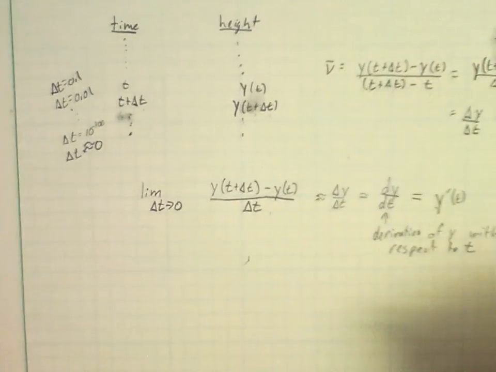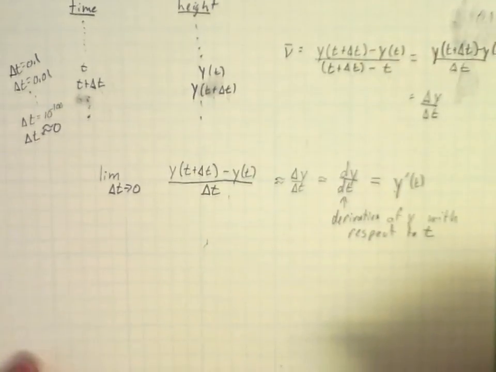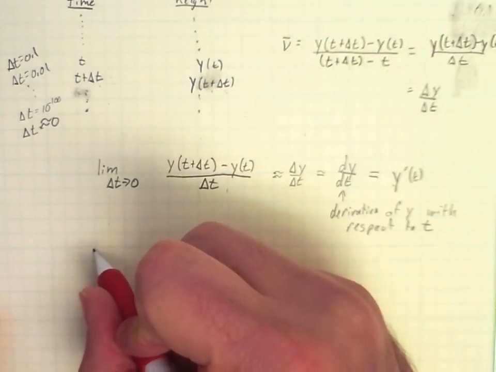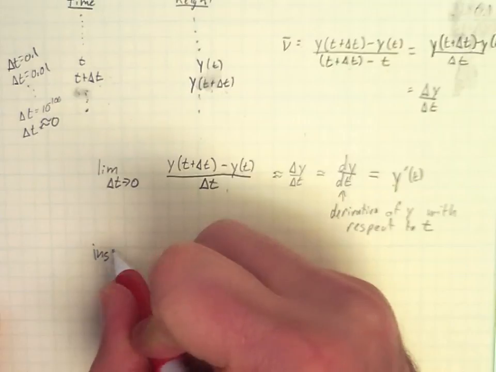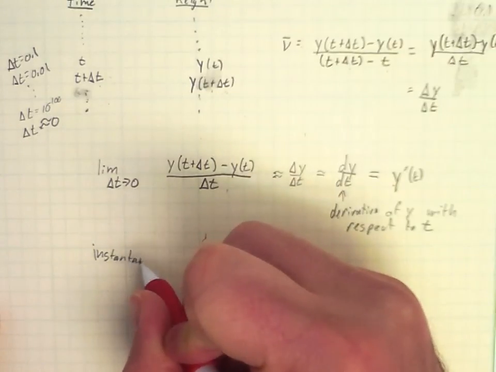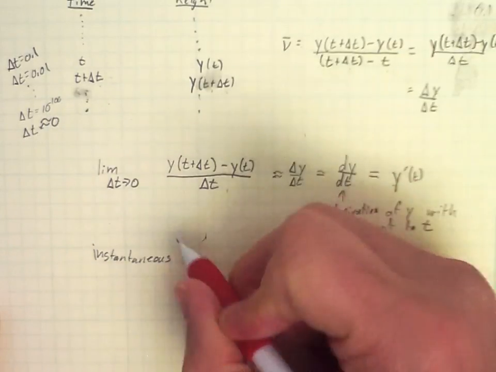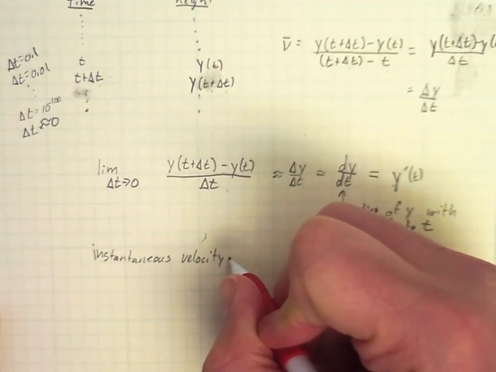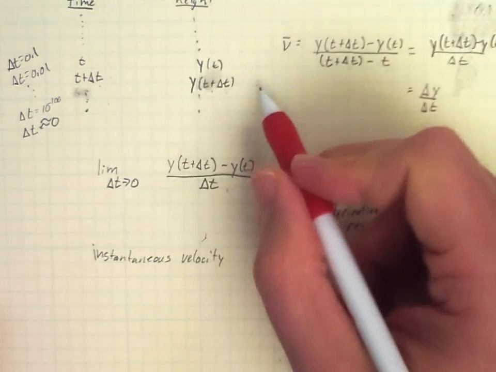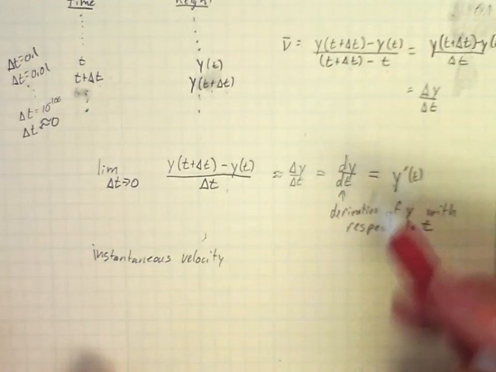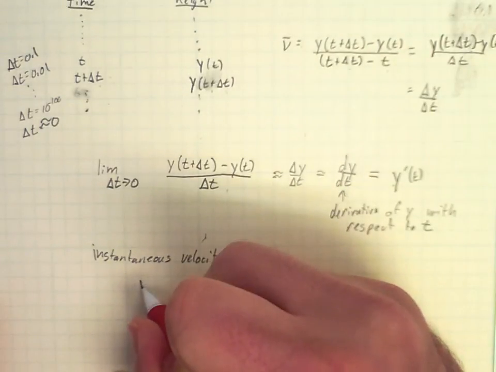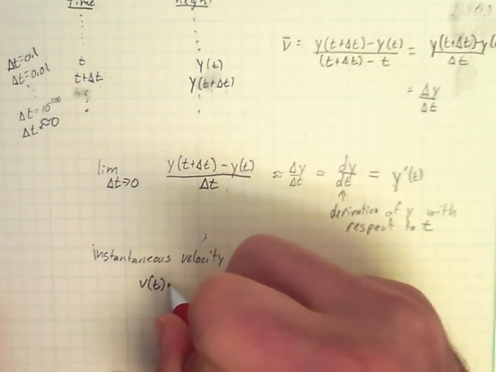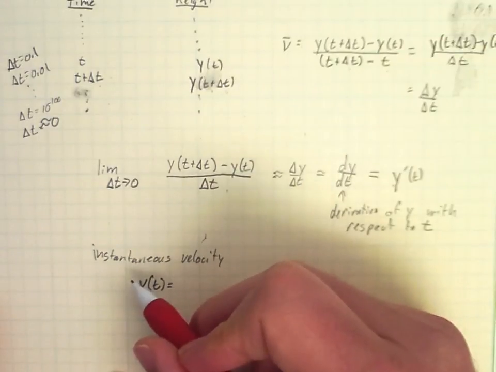So it turns out our instantaneous velocity, which is the velocity at any given time, v of t, is this derivative.